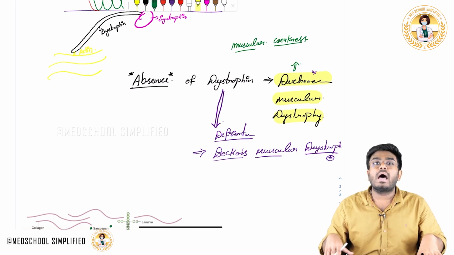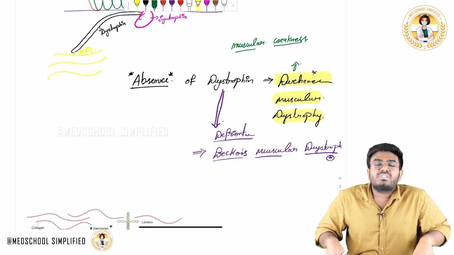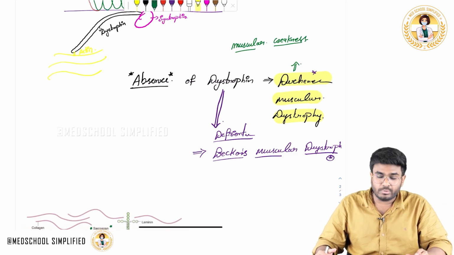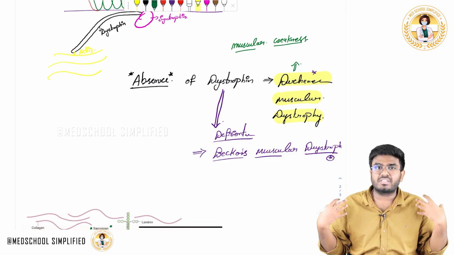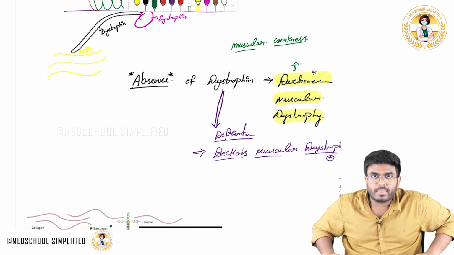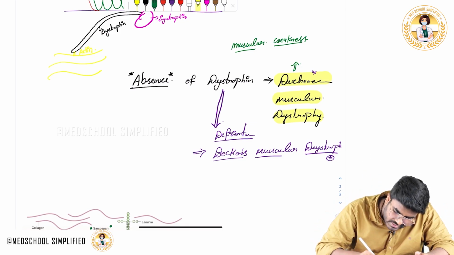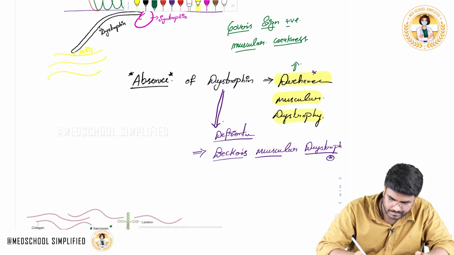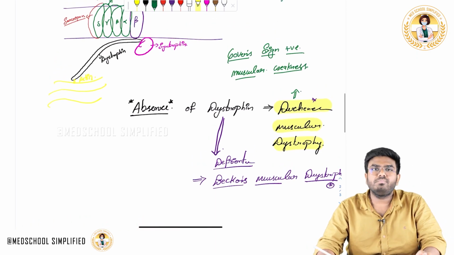He uses his upper extremities to lift his body. This sign is called Gowers sign. Gowers sign is going to be positive.